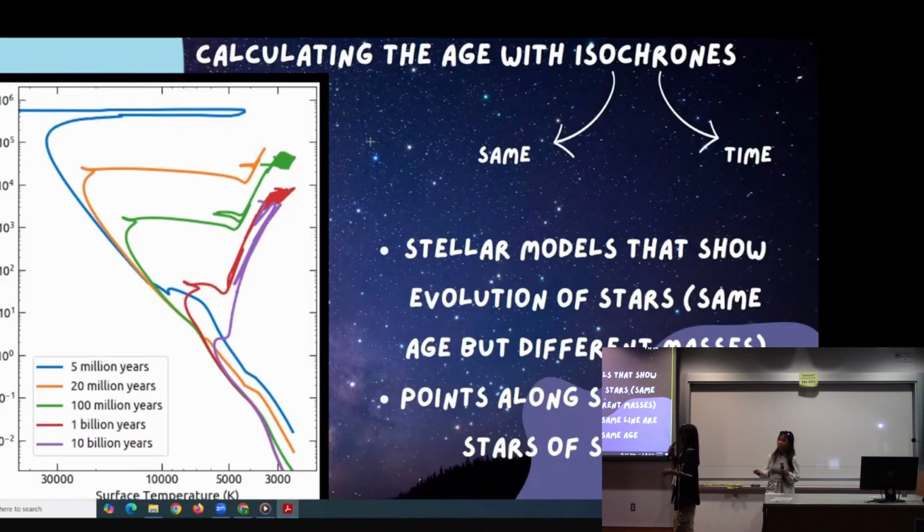These isochrones have specific time periods.